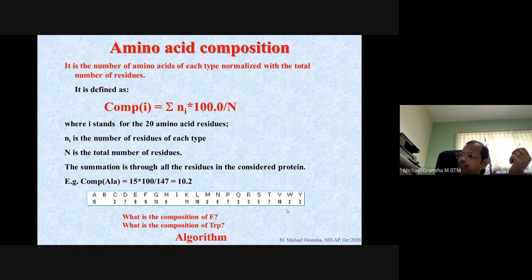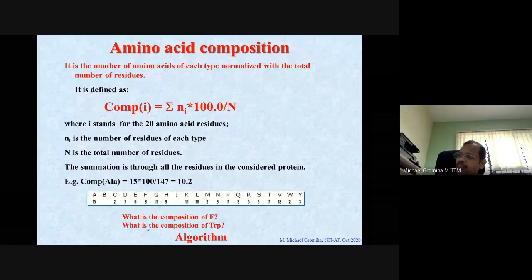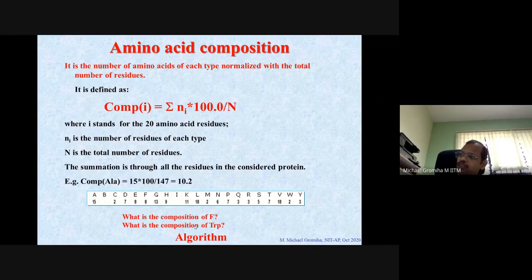W is 2, so 200 by 147. So you can see that now you can normalize it, and now you can tell which residues have more occurrence, or what is the composition of each amino acid residue in a particular protein.